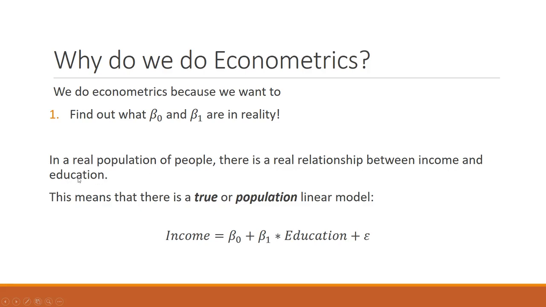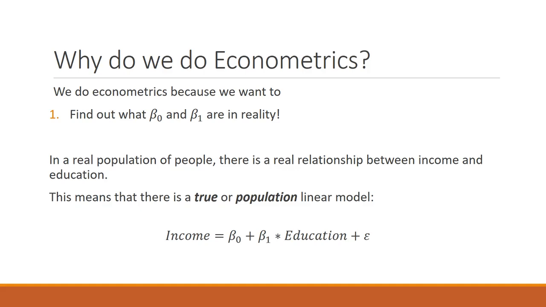We could think about it this way. There is, in reality, a function that describes the relationship between income and education. There is some real function that determines how much income people make, and it is a function of education.